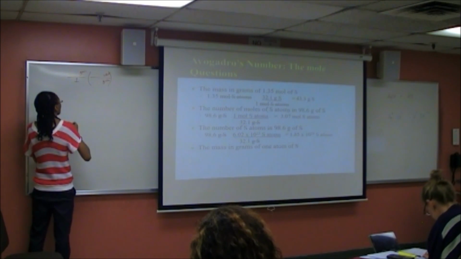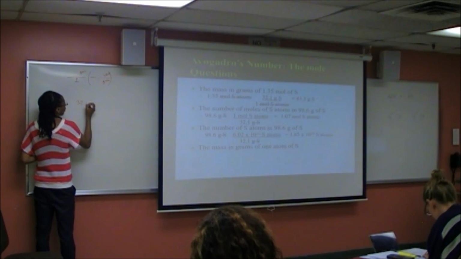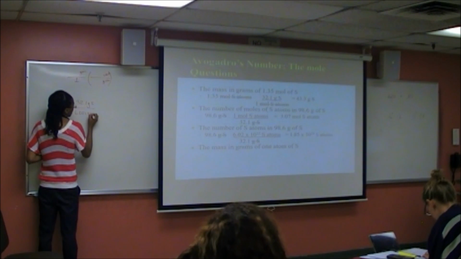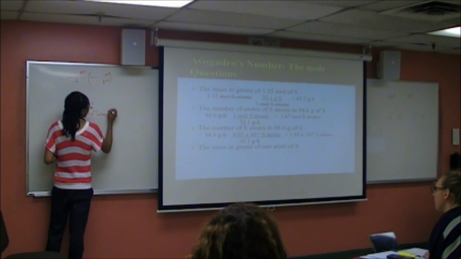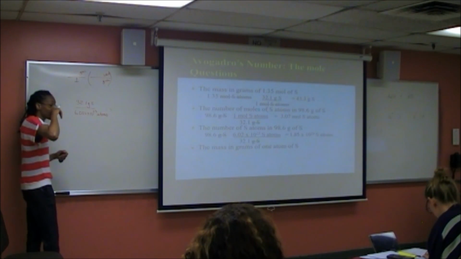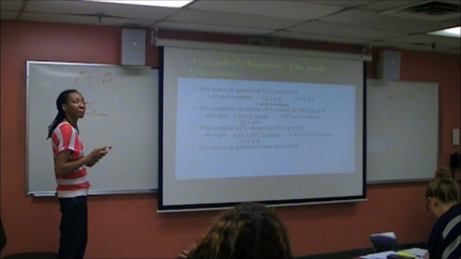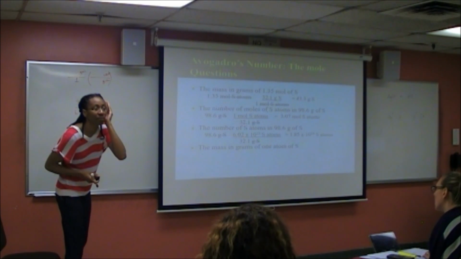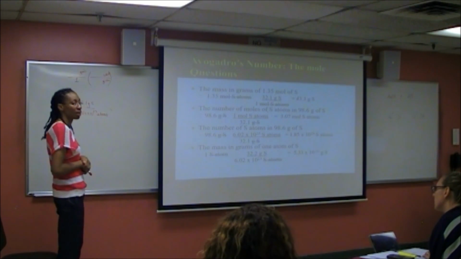So we have 32.1 grams of sulfur divided by 6.022 times 10 to the 23 atoms. What do we get? 5.33 times 10 to the power negative 23 grams.